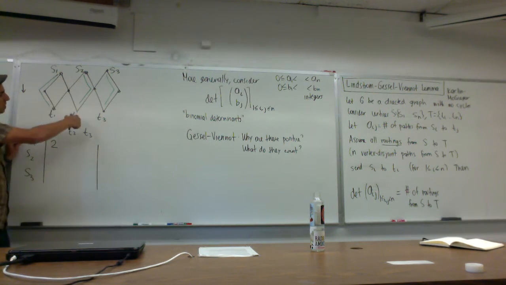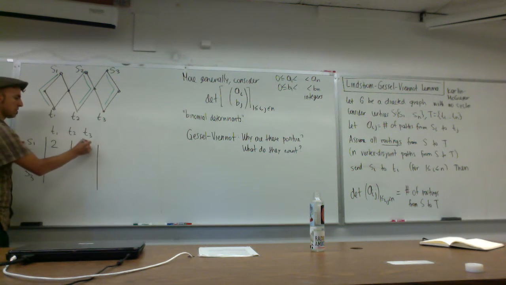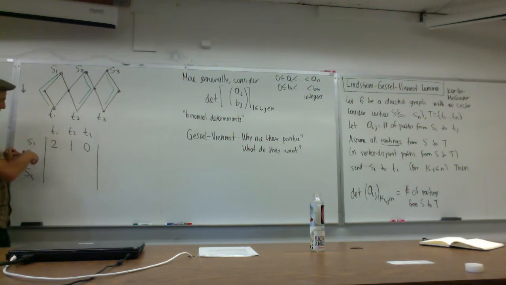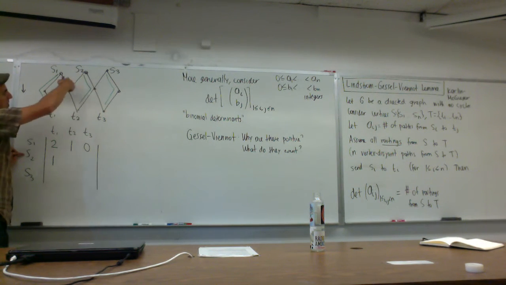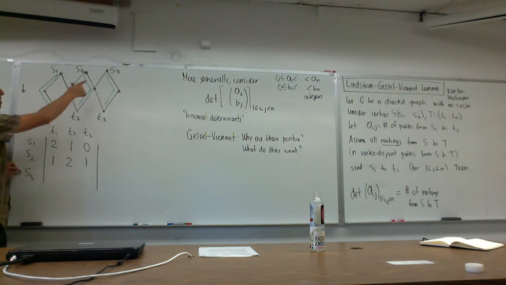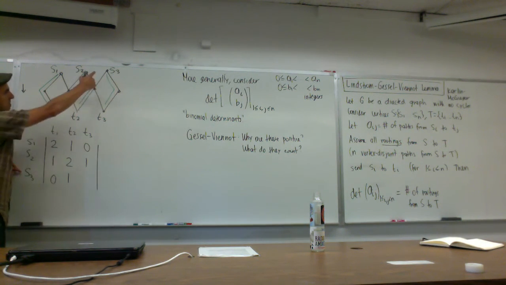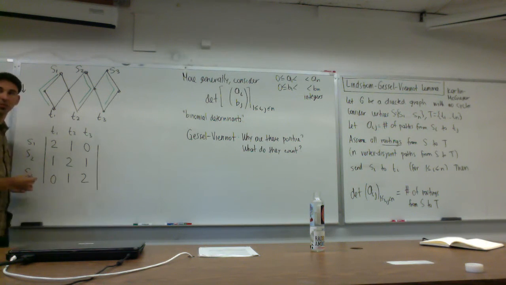From S1 to T2, there's only one way. From S1 to T3, there are no ways. From S2 to T1, there's one way. From S2 to T2, there's two ways. From S2 to T3, there's one way. From S3 to T1, there's no ways. From S3 to T2, there's one way. And from S3 to T3, there's two ways.